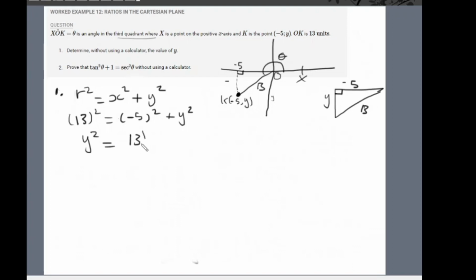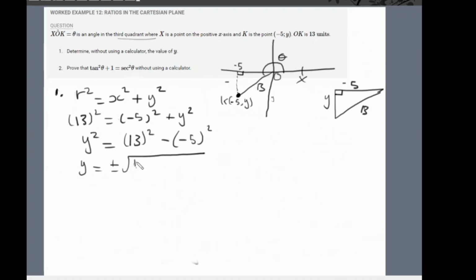We'll say that y is equals to 13 squared minus 5 squared. Therefore y is equals to plus or minus the square root of 13 squared minus 5 squared. 13 squared is what? 13 squared is 169, minus 5 squared is 25.